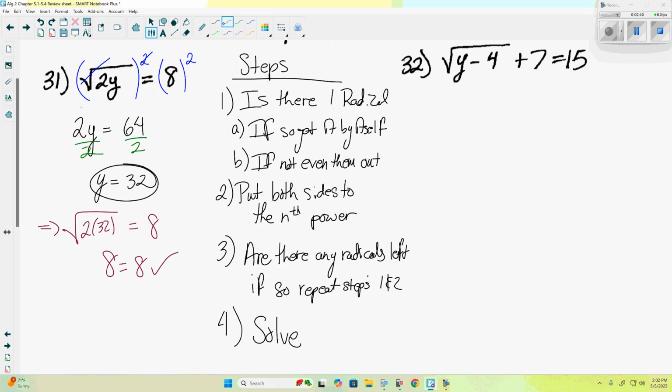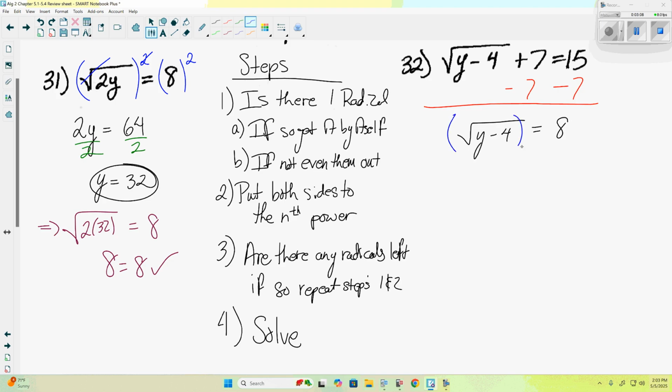Let's look at 32. Square root of y minus 4, plus 7 equals 15. So there is one radical, and we've got to get it by itself first. So we're going to subtract the 7 first, because 7 minus 7 will simplify out, telling us that we have the square root of y minus 4 equals 8.